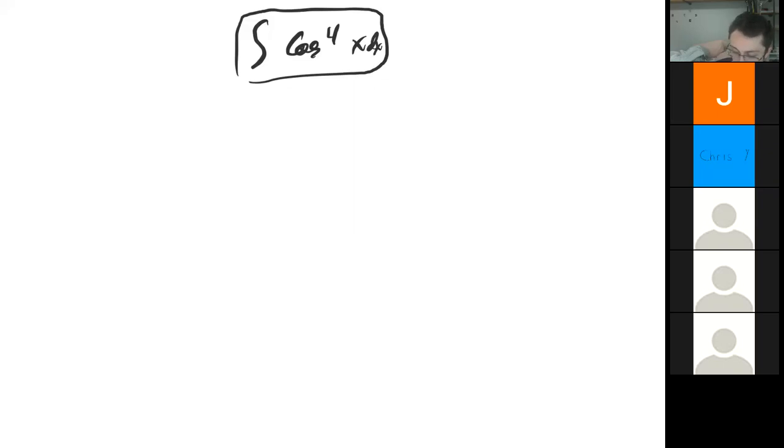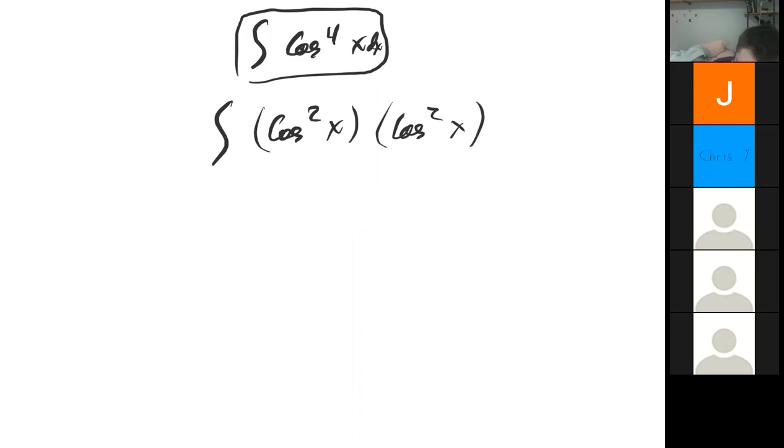All right, so we're a bit low on time here. So I guess we're going to start going over it, though I bet most people haven't finished yet. Here, you can rewrite this as cosine squared x times cosine squared x. And now you can apply the lowering powers formula.